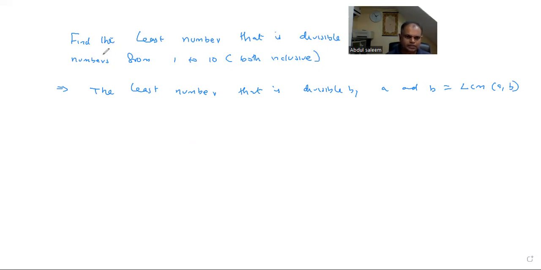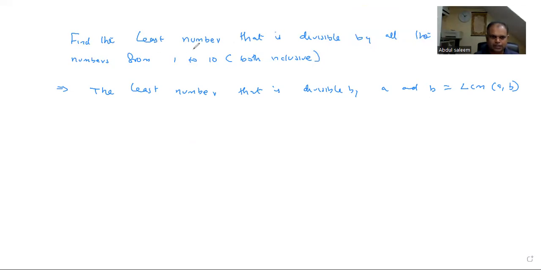Clear, right? The same way, we have to find the least number that is divisible by all the numbers from 1 to 10. So we have to find the LCM of 1, 2, 3, 4, 5, 6, 7, 8, 9, 10.